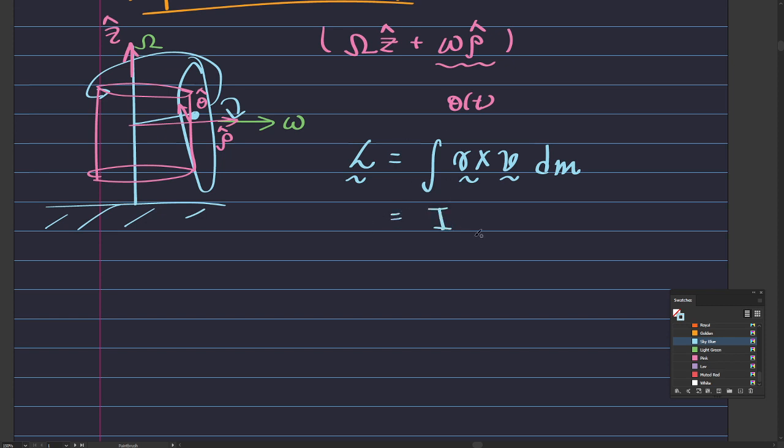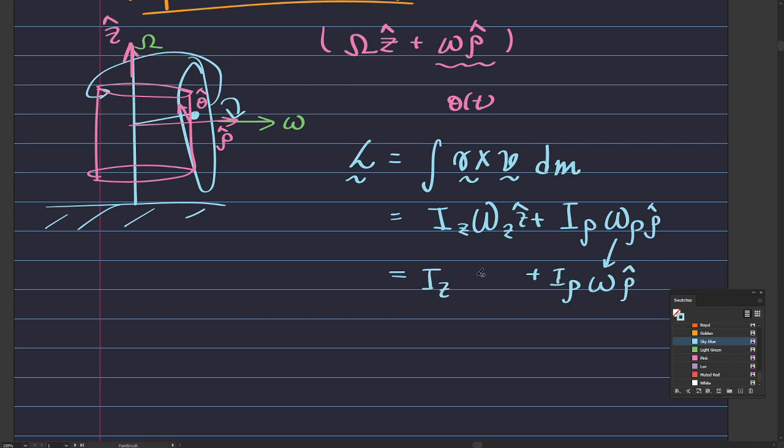It should be I along the axis of z, omega z, plus I on the axis of rho, omega in this direction. This would be z cap, this would be rho cap. This quantity is given to be omega plus I rho cap omega z.